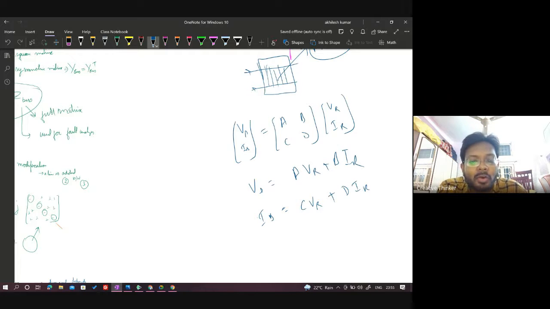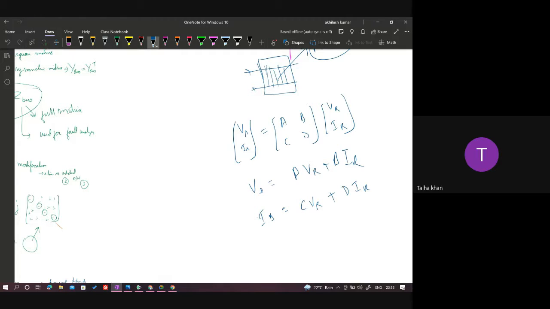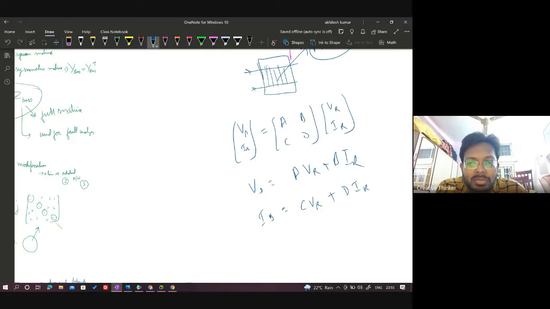For the transmission line, if you solve, you will find the values of A, B, C, D. For the short transmission line, you will find A equals 1, B equals Z, C equals 0, and D equals 1.